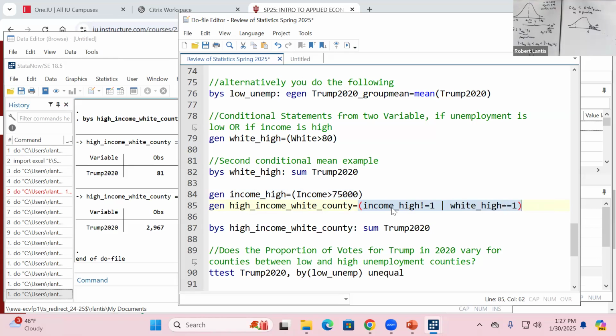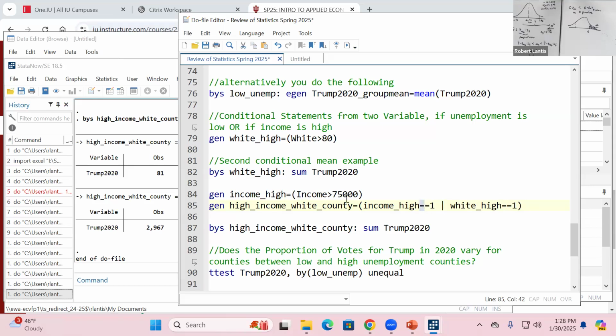Or if white high was equal to 1. So I can do any combination of these. I think the way that I have this, I actually wanted it to both be equal. I think I changed this because I wanted to remind myself to show you some different things. So this vertical line, you would read as or. If this is true or this is true, right?